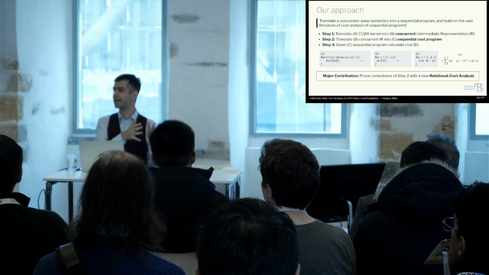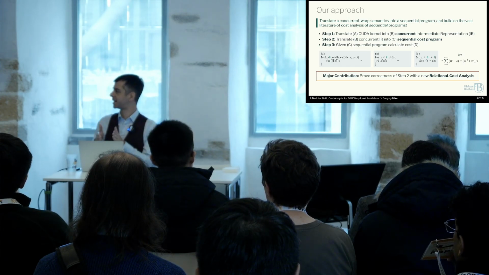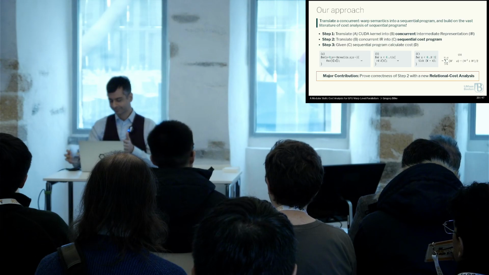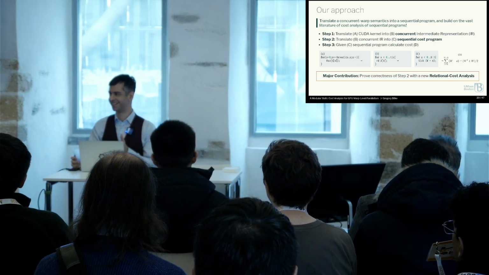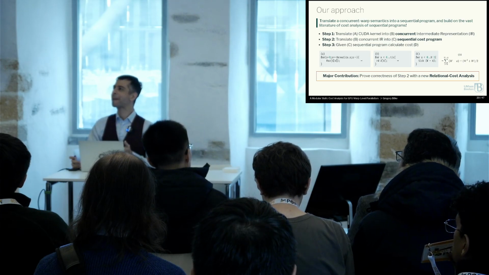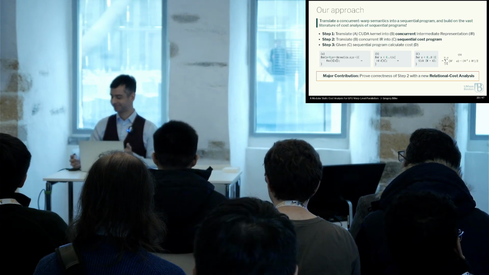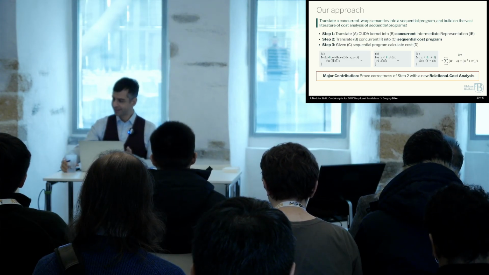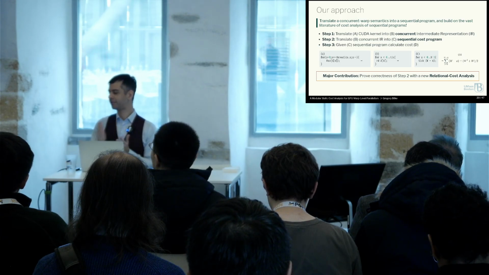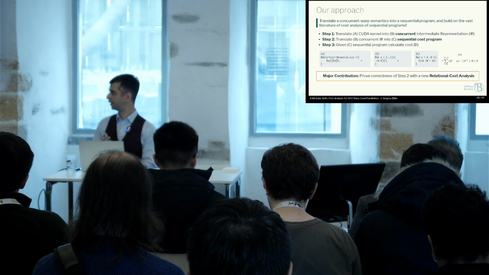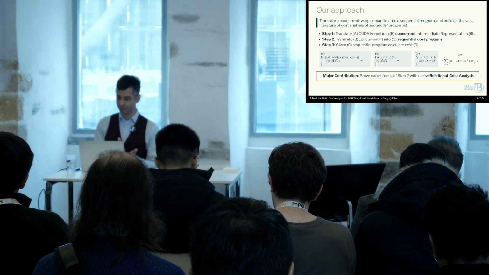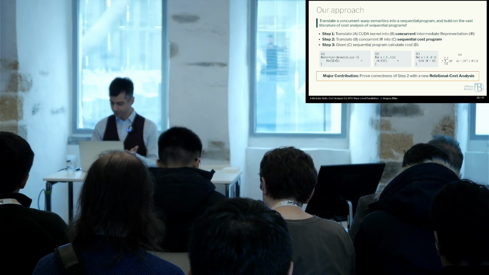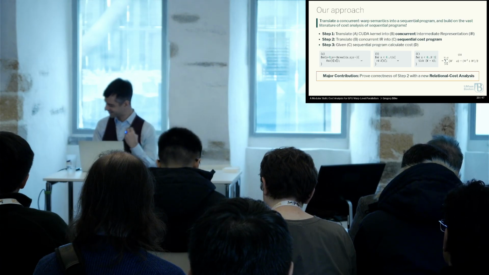And so the analysis that goes into proving that that is the correct control flow, we get rid of all the information that's not necessary for it. And as we progress from the concurrent to the sequential cost program, I'm just not finding the words.